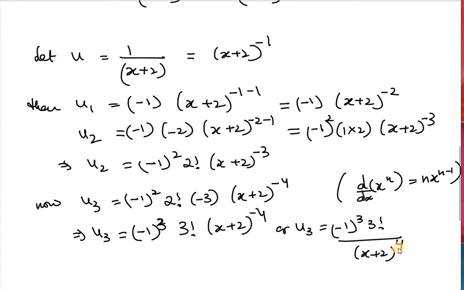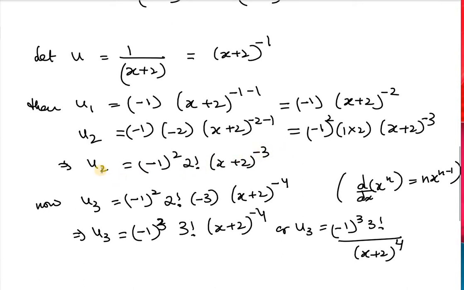So what we notice is that, what is u1? u1 is -1 into (x + 2)^(-2). And in u2 we have this one, it is (-1)^2. See, the order of this derivative, that is 2 here, and the power of -1 is same, that is 2. And then 2 factorial, 2 here is same as the order of this derivative. Then (x + 2)^(-3).